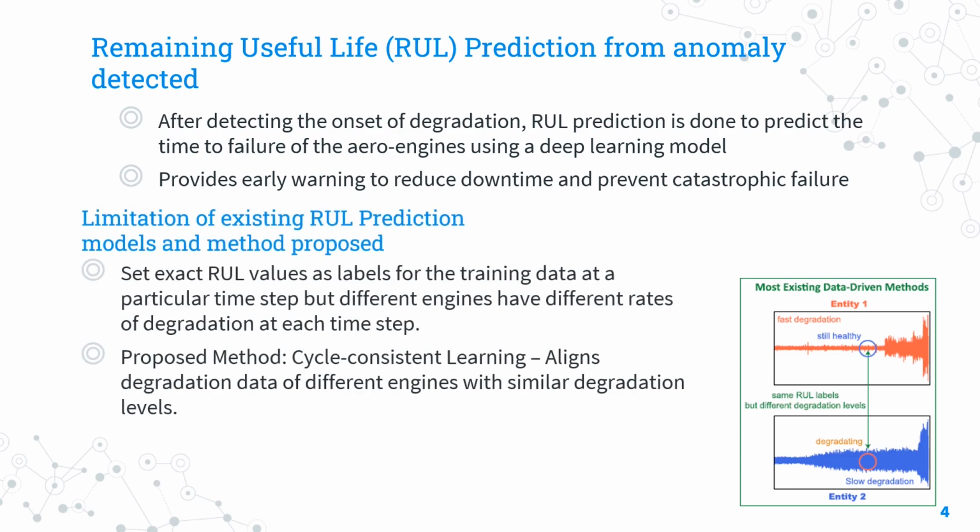However, most existing methods set exact RUL values as labels for the training data at a particular time step, but in actual fact different engines have different rates of degradation at each time step. Hence, cycle consistent learning is implemented, which aligns degradation data of different engines with similar degradation levels.